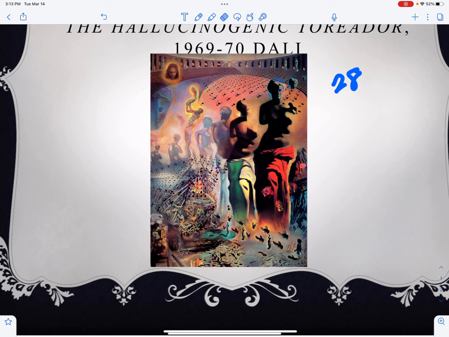But what the double image is composing is Venus de Milo and her copies of herself are composing a toreador, or a bullfighter. So the toreador is right here, and I'm going to use my pen to show you. Here is his cheekbone, his head.